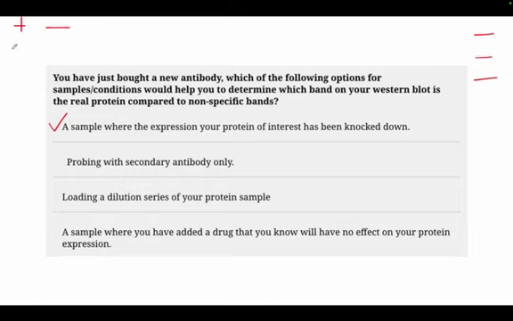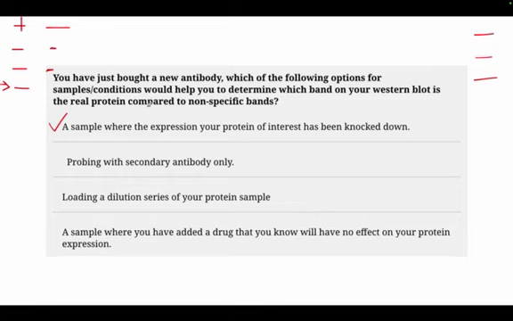In my sample with protein expression, I am getting 3 bands. But here, this protein expression has been knocked down, so I should not get the band of my protein. I'm getting these 2 bands, but I'm not getting this band, which means that these two are non-specific bands, and this band is the real band corresponding to the protein of my interest. Okay, sure. So this will be a good sample for this question.